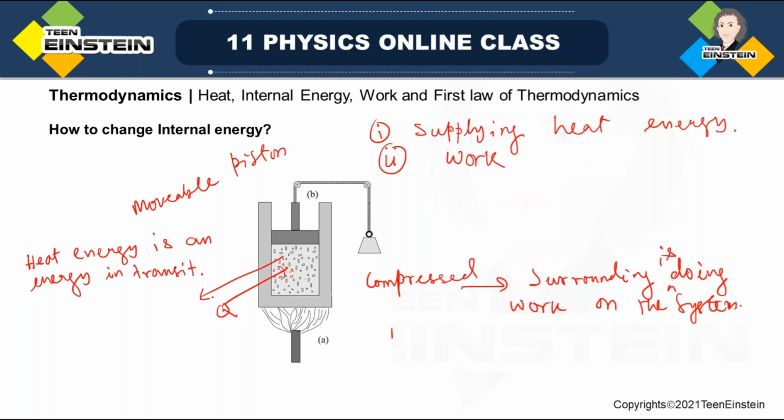Or if the heat energy is released by the system to the surroundings, then randomness will decrease, so there is less internal energy. That depends on temperature, whether heat energy will be transferred from system to surroundings or surroundings to system. That will be determined by the temperature of both the system and the surroundings, in fact, the temperature difference between these two.